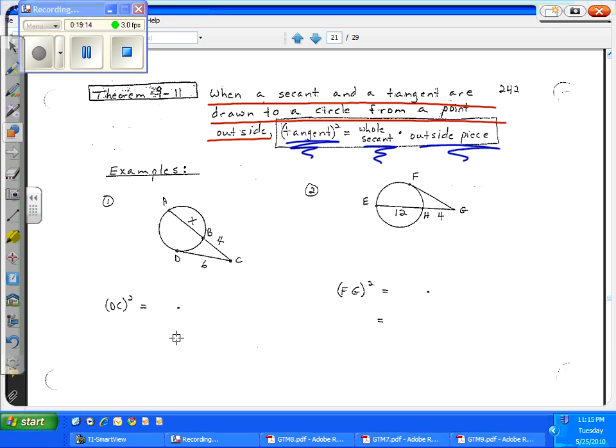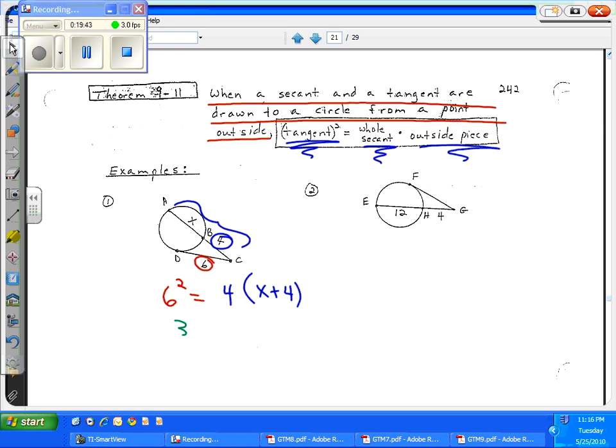Just going to deal with the numbers here. If a secant and a tangent are drawn to a circle from a point outside, then the square of the tangent is equal to the whole secant times its outside piece.